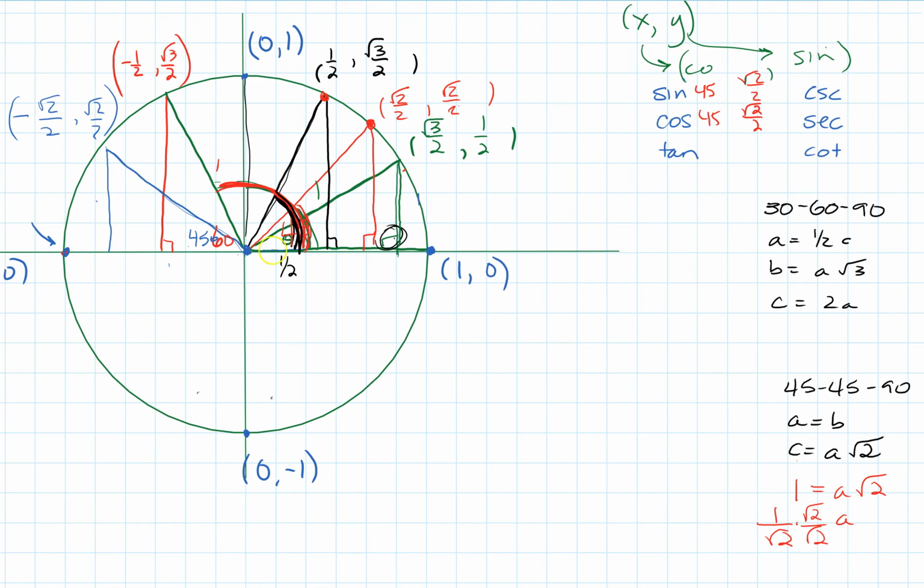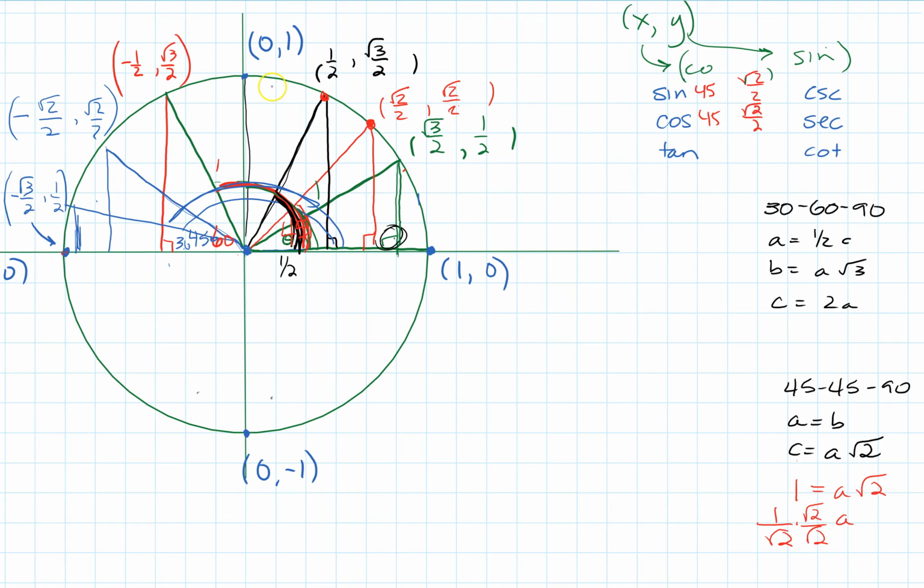And you can probably know, just by looking at this, if you made one more at 150, so if this angle right here was 150, this reference angle is 30, right? So if that's 30 and this is 1, this has to be the 1/2, and that's the y, and the x is √3/2. But it's negative.